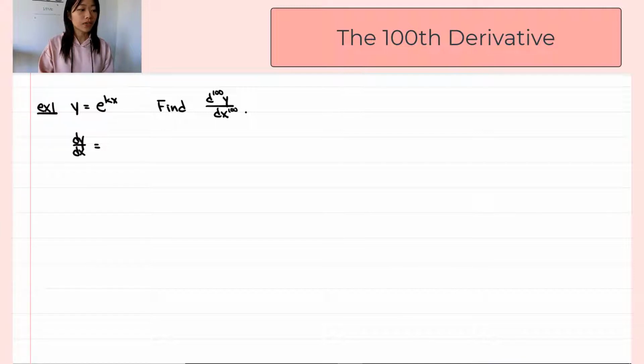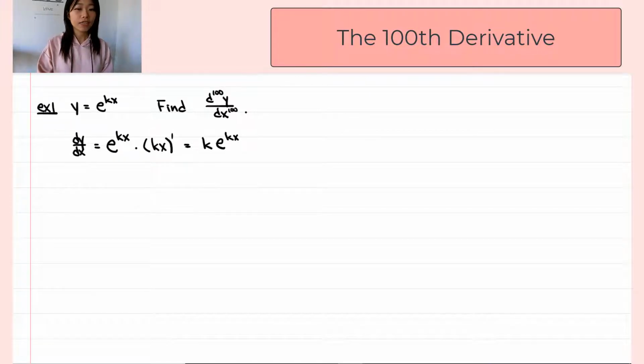And the derivative of the outer function is the same, so e to the power of kx times the derivative of the inner function. And the derivative of a constant times x is the constant. So the first derivative is k times e to the power of kx.